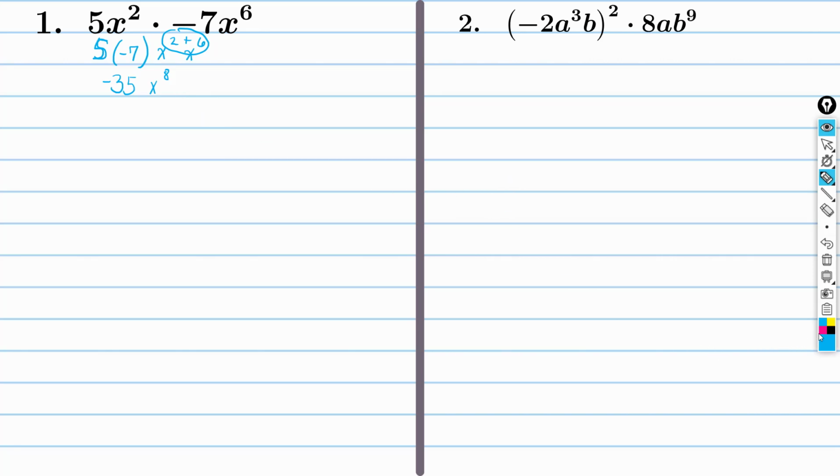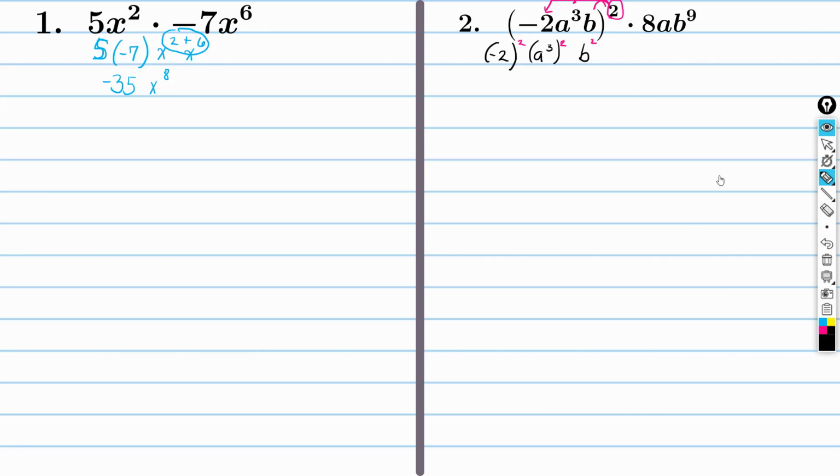In this next problem, the first thing I need to do is take care of this exponent out here. So I'm going to distribute it through to every single item. That's going to give me negative 2 raised to the 2nd power, a cubed raised to the 2nd power, and b raised to the 2nd power.